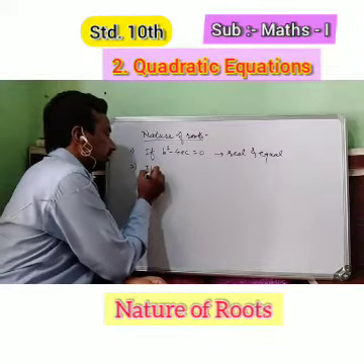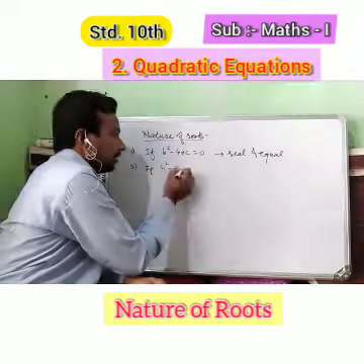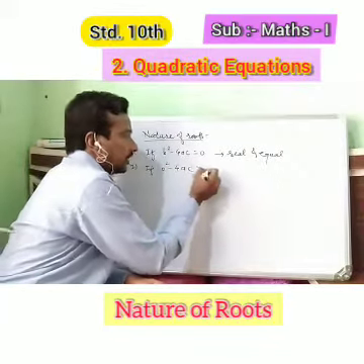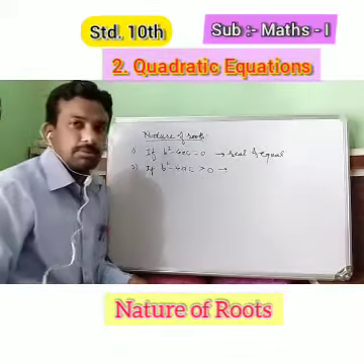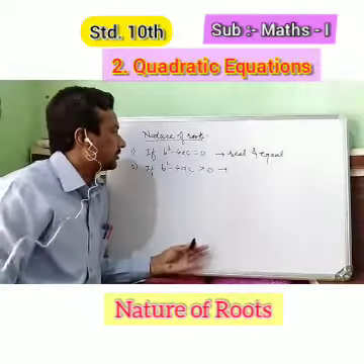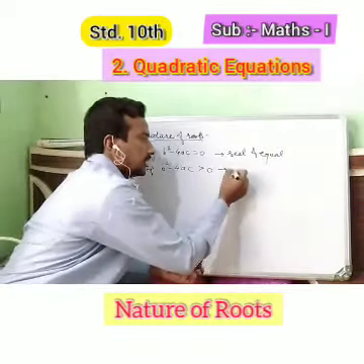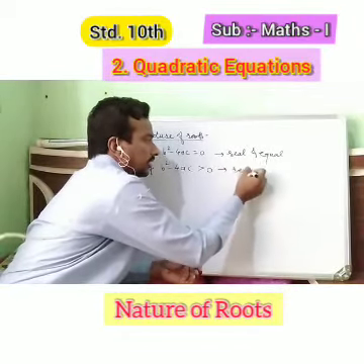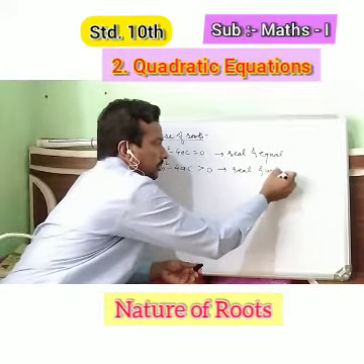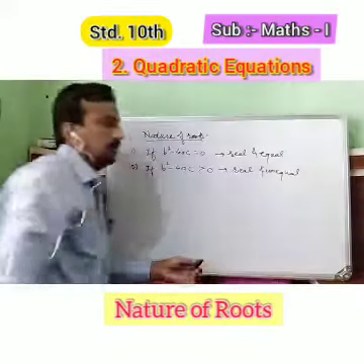Second condition, if b square minus 4ac is greater than 0, then the roots of the quadratic equation are real and unequal.